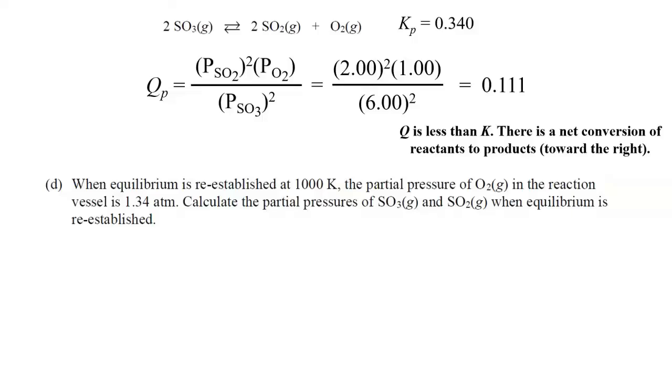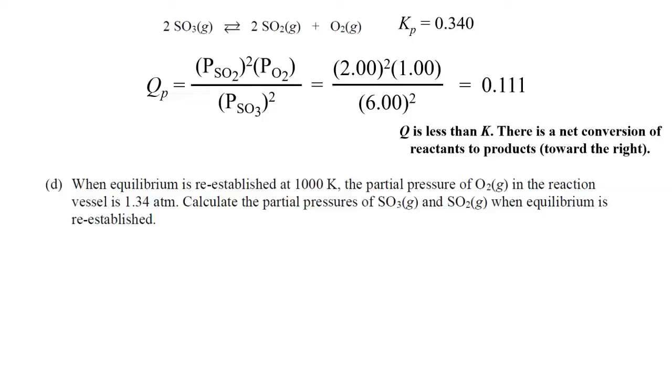So, as you are processing the information in part D, you're thinking, we know the partial pressure of O2 in the reaction vessel when equilibrium is reestablished. It's 1.34 atmospheres. But how are we going to figure out the partial pressures of SO3 and SO2 in the reaction vessel when equilibrium is reestablished?